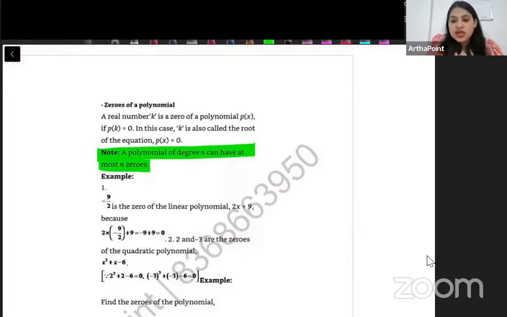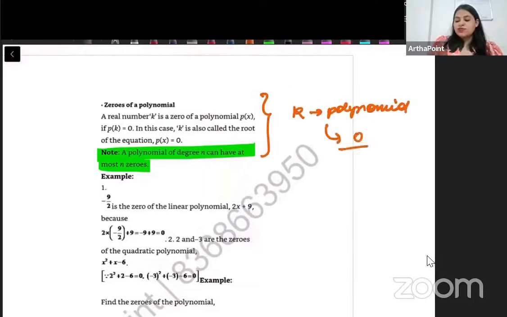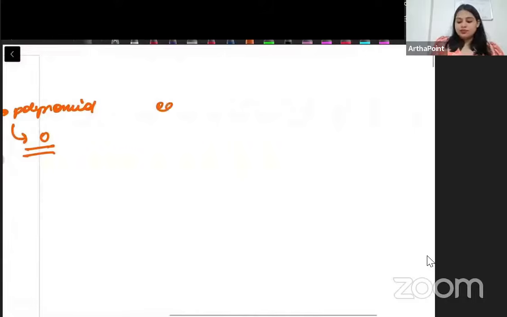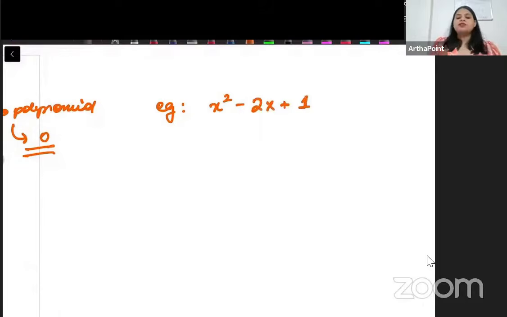But beta, what are zeros? Zeros of the polynomial are nothing but the values which, when you put inside the polynomial, you get the answer as 0. It is also called the root of the equation, right? Take an example, x square minus 2x plus 1.